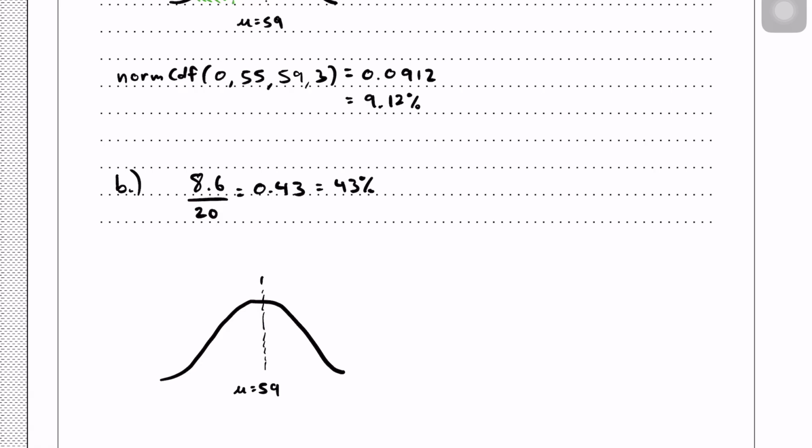We want 43% of the laps to be longer than some value of t. So let's write this out. We know this is the 50%, the dividing line. So we'll put some value here of t. It might be a little small on the diagram, but 43% are to the right of this value.